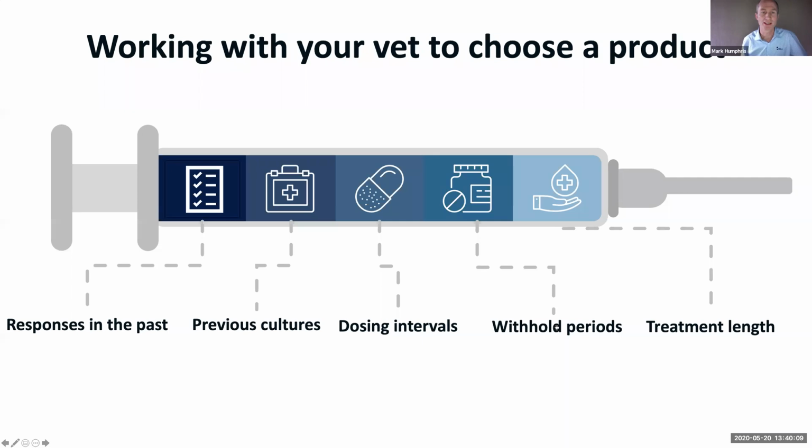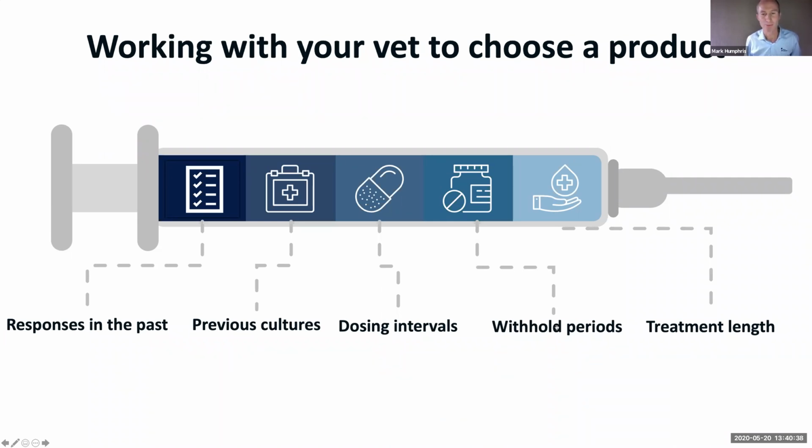Previous cultures, as I've talked about before, will help some of the basis, but in essence, there is no evidence between the drugs with how they respond to different bacteria. There is no evidence whatsoever. All of the drugs available on the market have the ability to treat all of the bacteria that we get, save for the ones that I've mentioned.